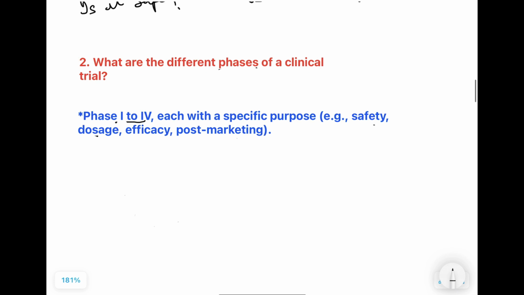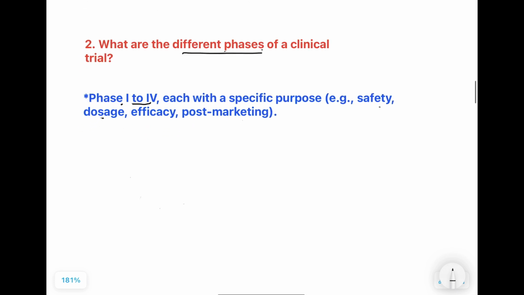The second question that can come your way is, can you please tell us about the different phases of a clinical trial? Now this can also be asked a different way, like what is the drug development process, or someone can ask you, can you please differentiate phase 2 from phase 3. So phases 1 to 4 are each for a specific purpose, like safety, doses, efficacy, post-marketing surveillance.